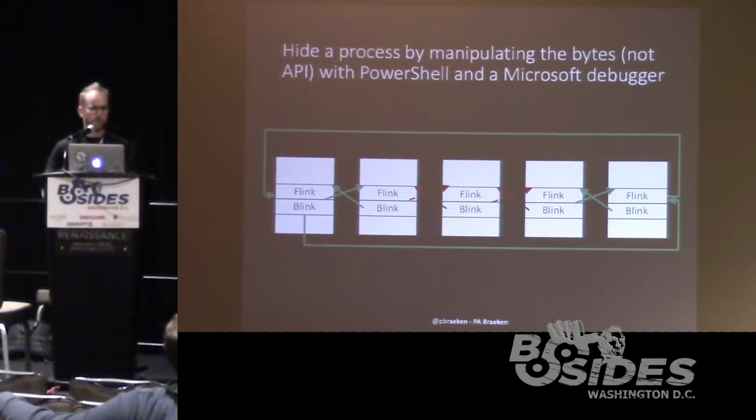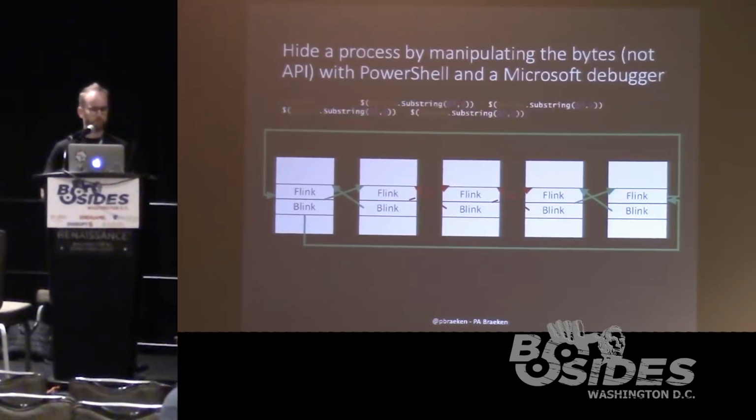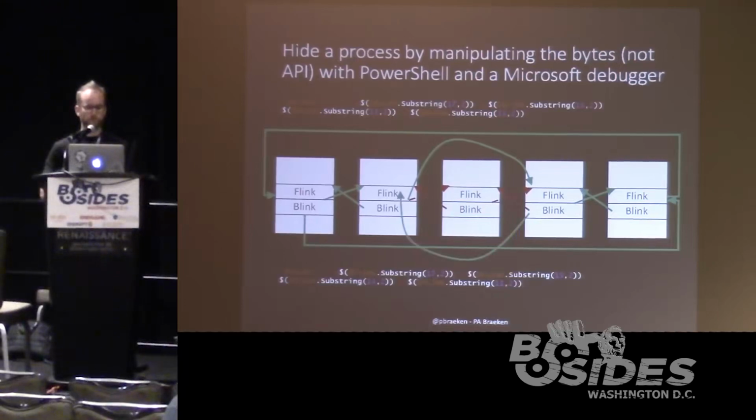So you have to give the kernel the illusion that all is okay. In PowerShell, you send a command to the debugger, and you create this link from the previous process to the next one, and you do the same for the backward link.